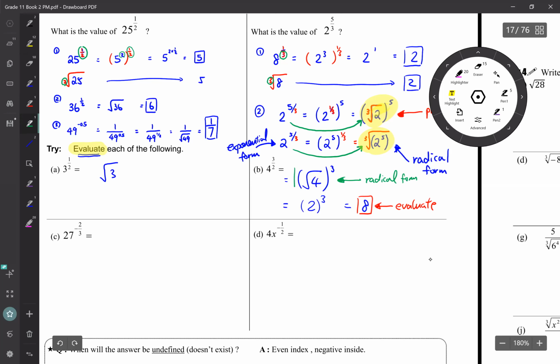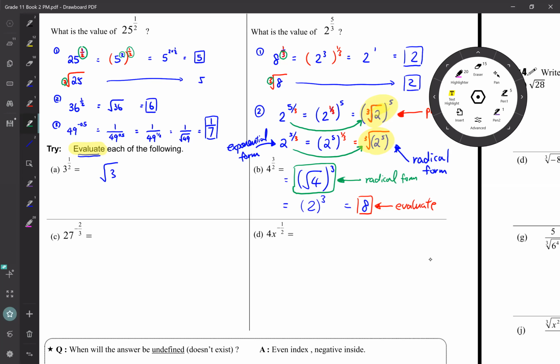So two different answers depending on what the question wants. Even though I say this many times, you still keep leaving the answer in the wrong way. If they say leave it in radical form, you do not need to evaluate. If they say evaluate, do not stop at the radical form.